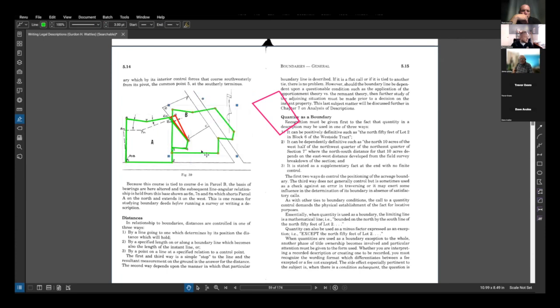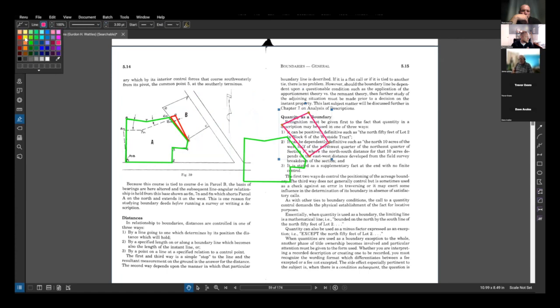And you should do so in a way that would be compatible or harmonious with the intent and the bearings and distances. And there's more than one way to go about doing that.